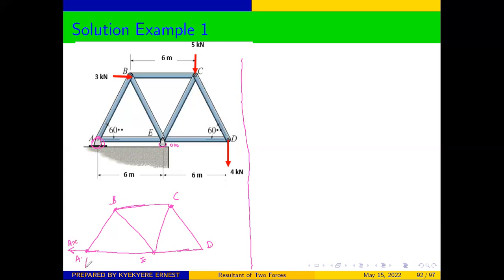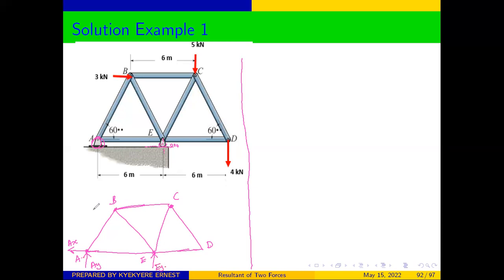It also restricts motion in the Y, and we can call this AY. Then at B, we have a rocker. Looking at the way it is placed, it will allow us to move on the X-axis, but it will not allow us to move on the Y. Therefore, our reaction will be in the Y, so we can call this BY.